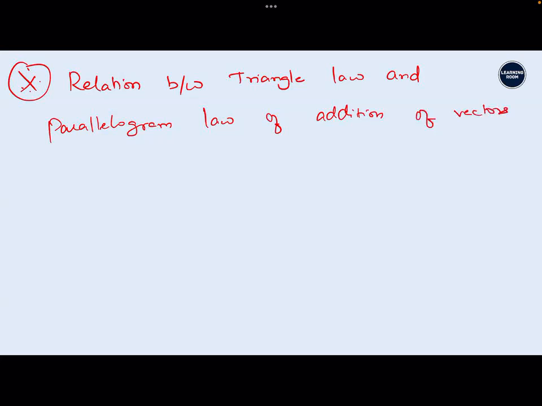If you observe, in triangle law you have two continuous vectors, that is, the head of the first vector will coincide with the tail of the second vector. Then the resultant is given by the closing side of the triangle taken in the reverse order, for which you will write R vector is equal to A vector plus B vector. So this is with respect to triangle law.